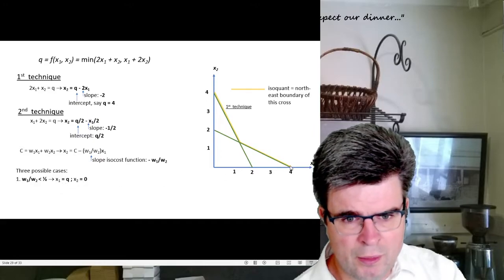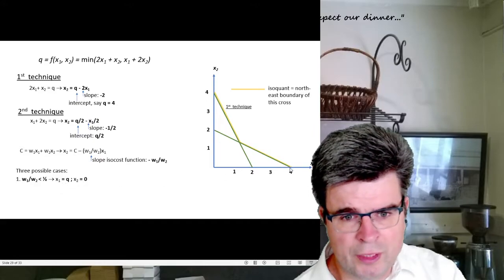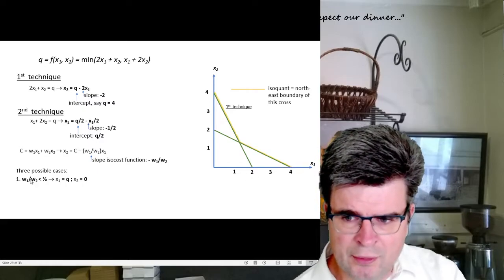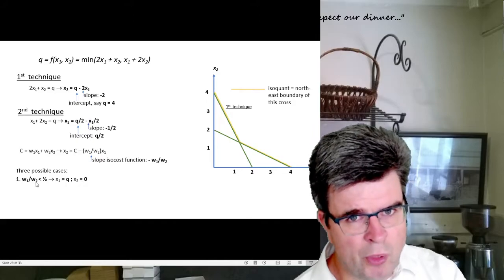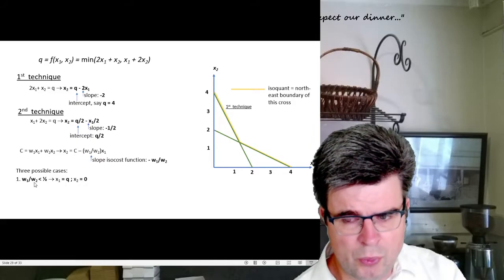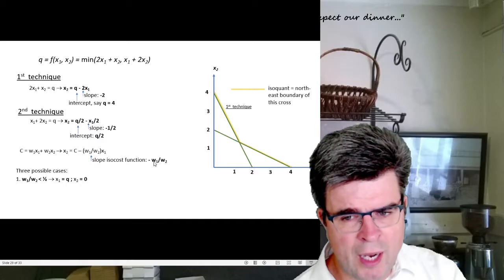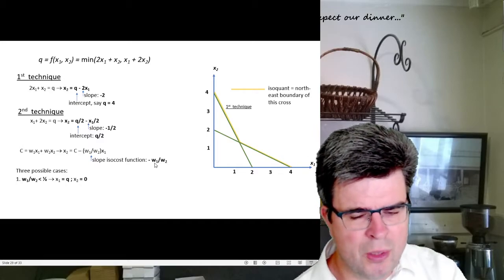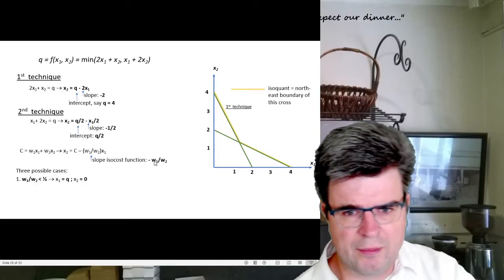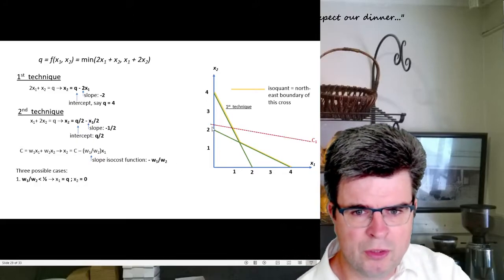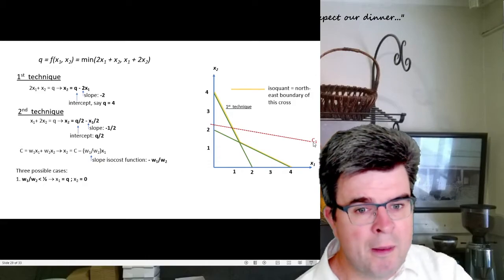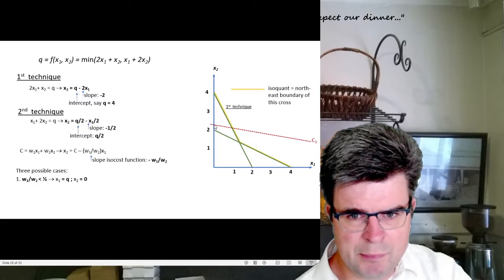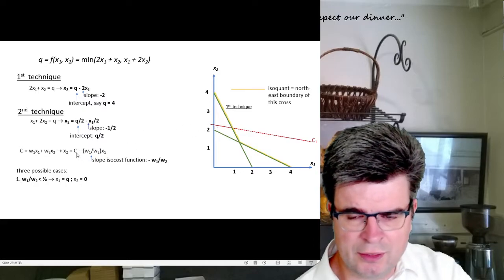So it will be at the dot over here. The way to see it graphically is that if w1 is very small compared to w2, then the slope of the iso cost function is very flat. So it's negative, it's downward sloping, but it's very, very flat. If you would depict it in the picture, you would have an iso cost function like this. This one is associated with a cost of C1, so the intercept with the y-axis is at C1.